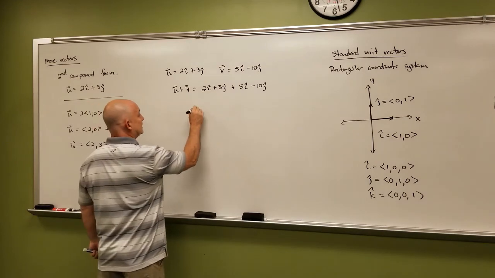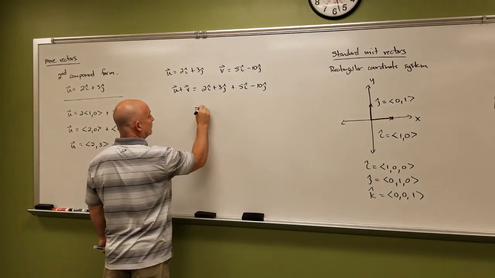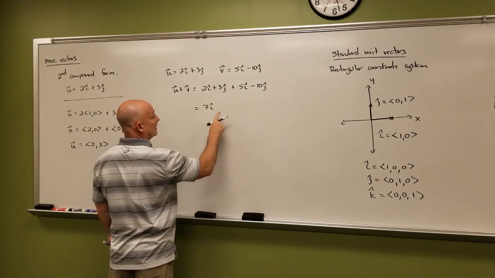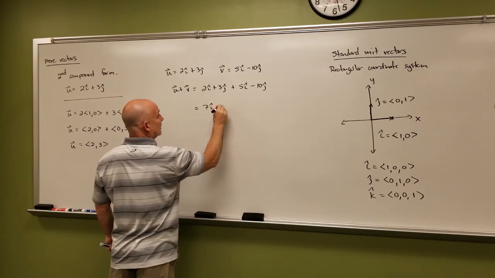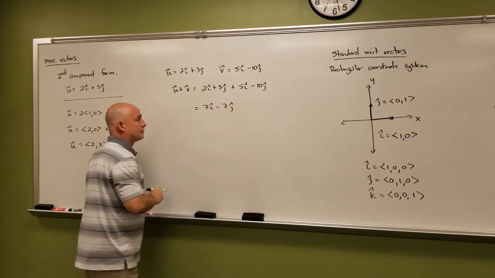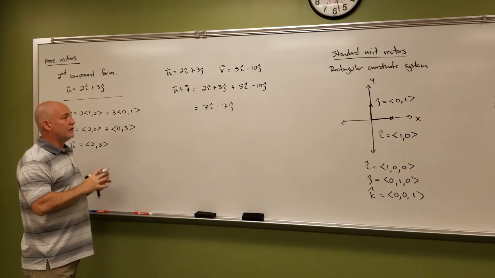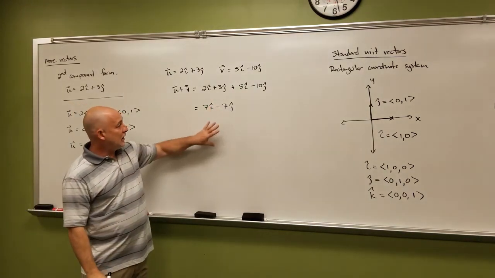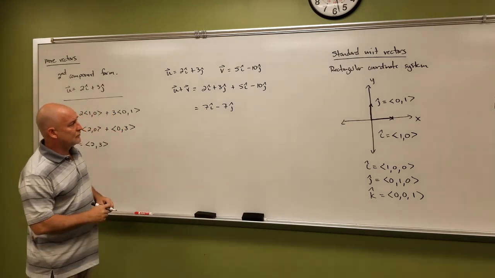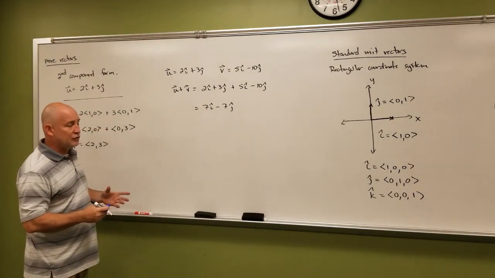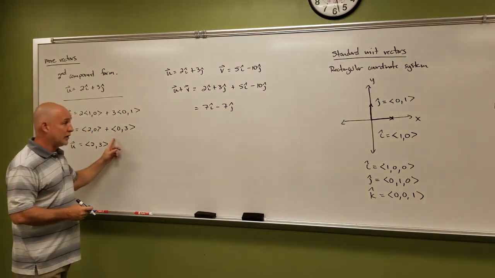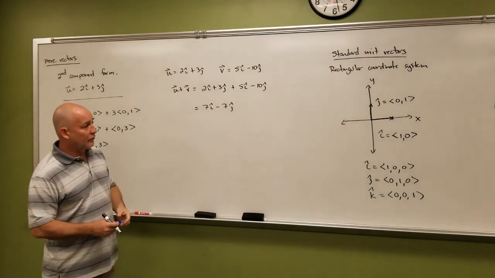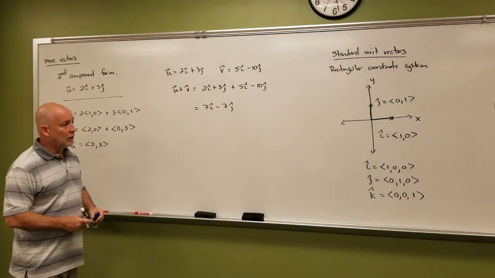If you combine the i stuff together, you got 2 and 5, which gives me 7i. And we combine the j's, we get negative 7j. So you can see that arithmetic with them may be a little bit more intuitive in the ijk notation, but most of the semester I'm generally going to stick to the bracket notation. But you do need to be aware of both notations when you're working through the homework.